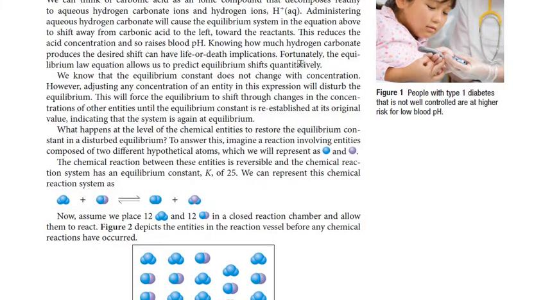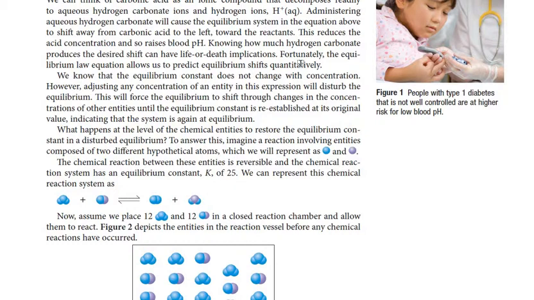What happens at the level of the chemical entities to restore the equilibrium constant in a disturbed equilibrium? To answer this, imagine a reaction involving entities composed of two different hypothetical atoms, which we will represent as blue and purple circles.